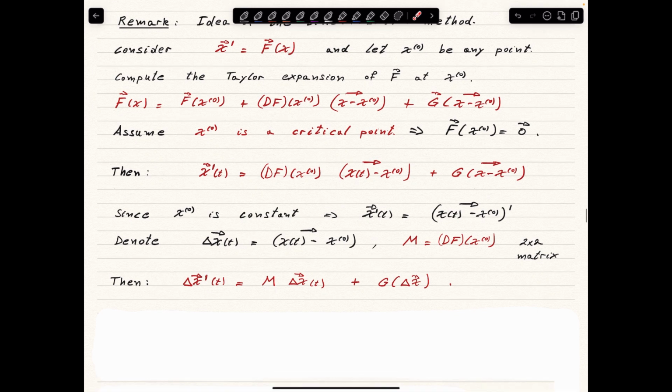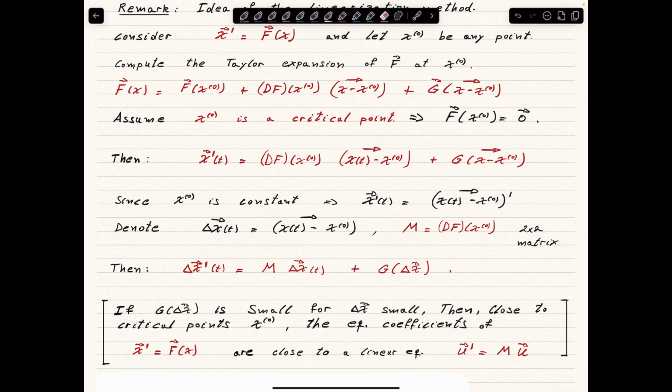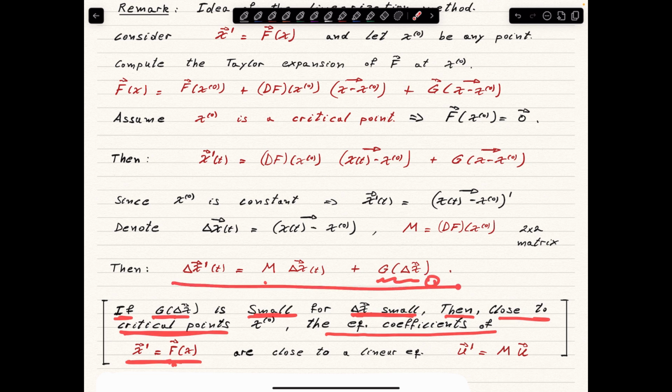Now here is our main statement from this calculation: if the remainder is small for x close to equilibrium solutions, so delta x small, then close to equilibrium solutions or critical points, the equation coefficients of the nonlinear system are very close to a linear system with this matrix.